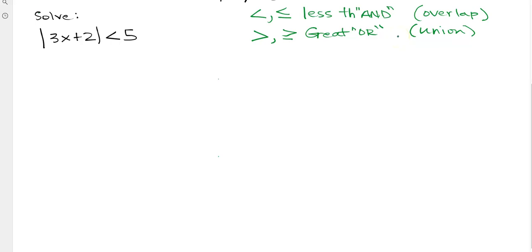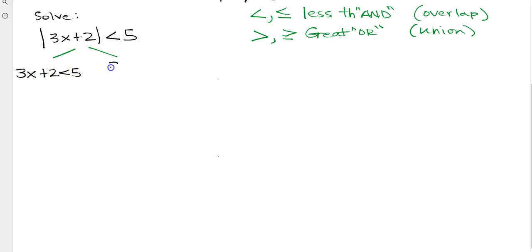Okay, so the absolute value part over here is already by itself. And if it wasn't, we would need to do the same thing that we did on the two above to get those by themselves first. But since they are already that way, I'm going to write my 2 statements down. My first one is going to be just like the one here, just without the absolute value bars. So 3x plus 2 is less than 5.